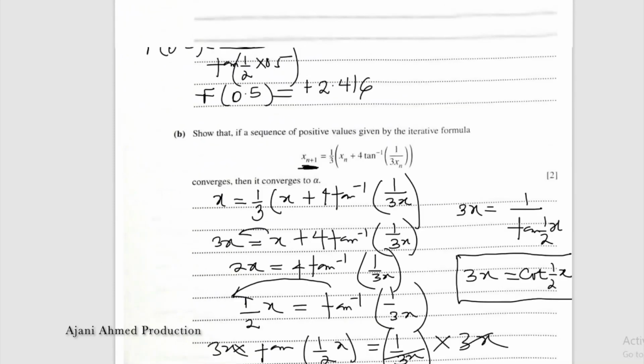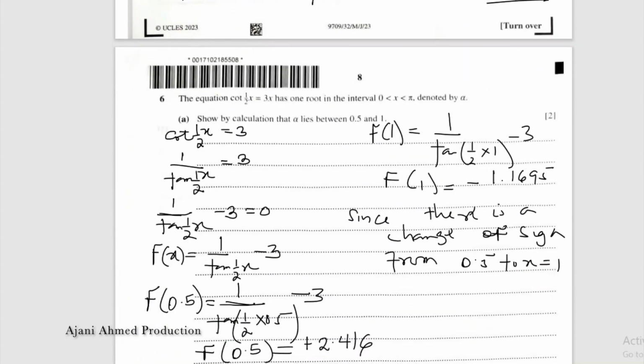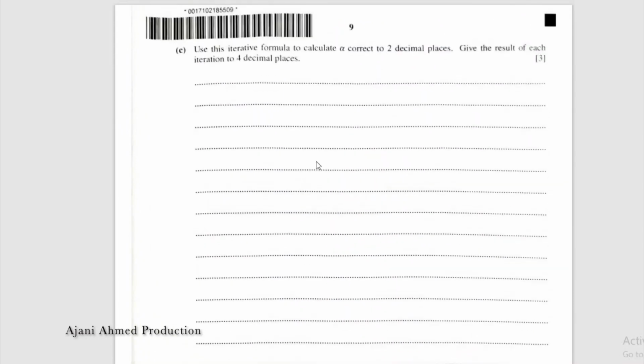The next question, question C. We have to use the iterative formula to calculate alpha correct to 2 decimal places. Give the result of each iteration to 4 decimal places. Remember that from the previous question, we are not given any initial value, but alpha lies between 0.5 and 1.